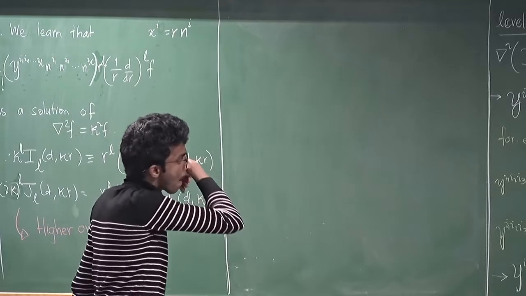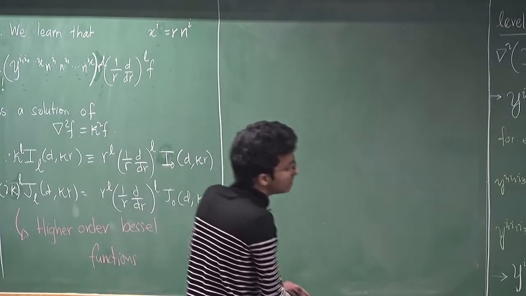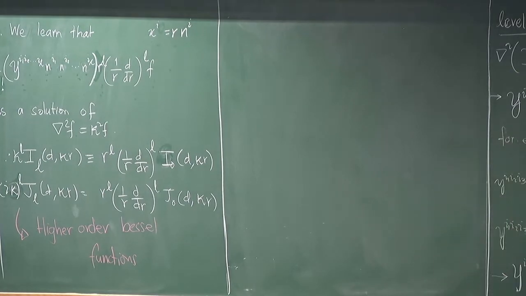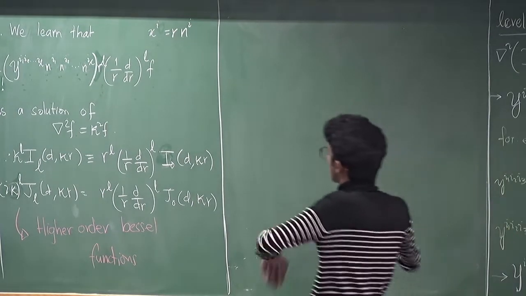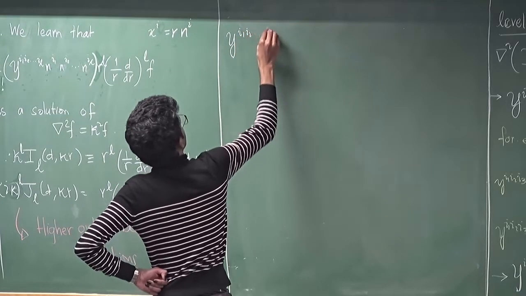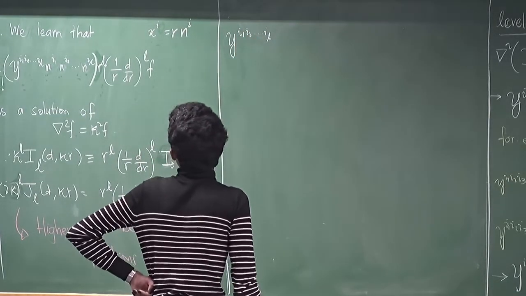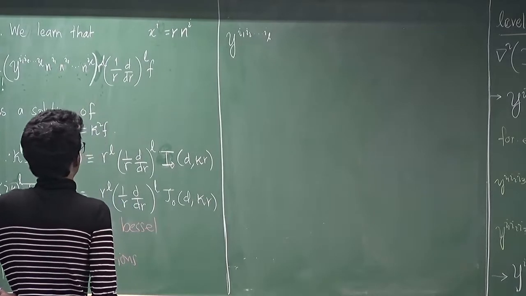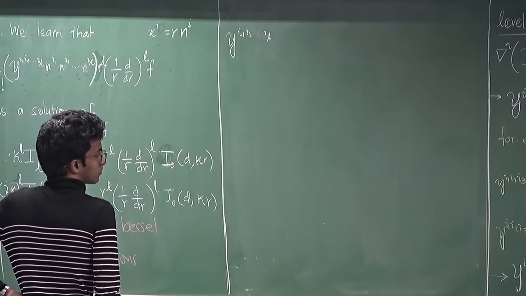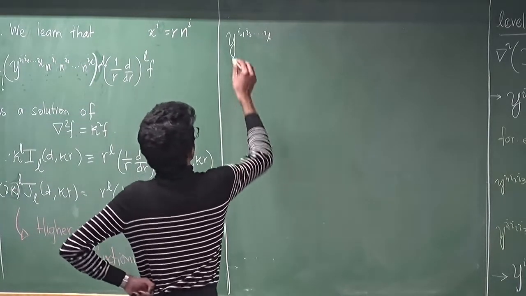Because remember at level L, anyway, let me just do this. Y_{i1, i2, all the way up till iL}. Anyway, sorry.